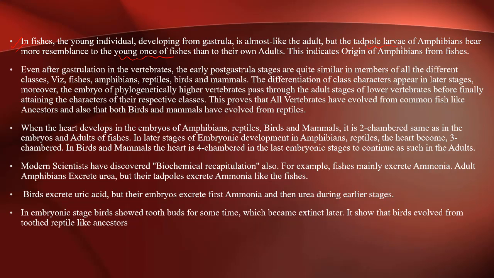This is because in amphibians, the tadpole larva shows partial neoteny. Okay, this basically means the showing of adult characters by a larval stage. If a larval stage comes to be more developed than the adult stage, then it is a feature known as what? Neoteny. Okay.